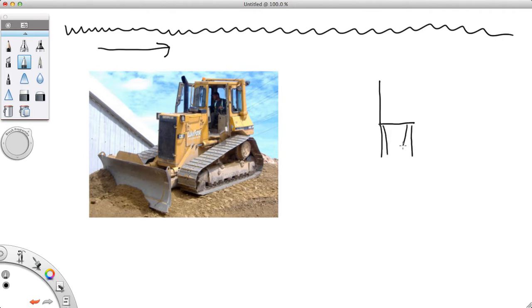There's 4 legs. And you're sitting in the chair, and your legs are off to the side, and here's your feet, and you've got your arms, and you're sitting there in the chair.